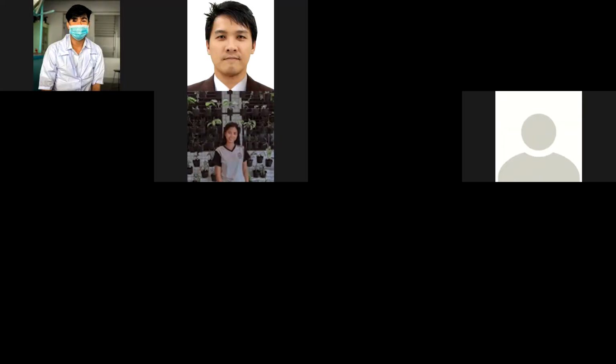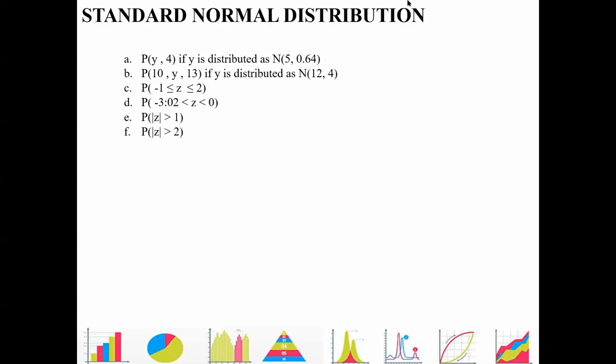Okay, going back sa ating presentation. Yung tinutukoy natin kanina, ang value ng positive 1 is 0.159.